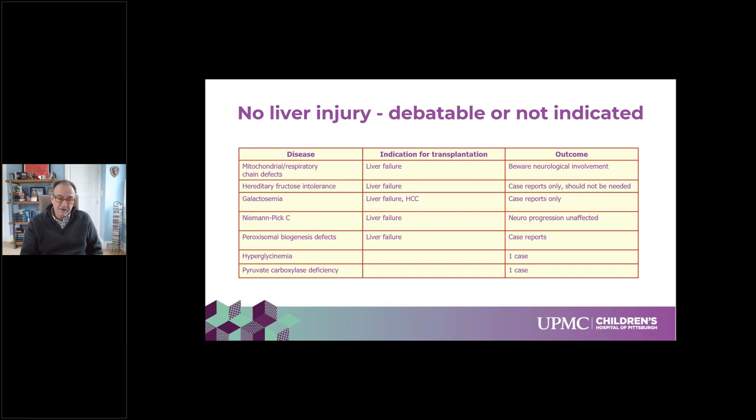There has been a couple of case reports of peroxisomal disorders. One case in Belgium was still doing extremely well 17 years after transplant, but generally for the Zellweger type, transplantation really is not indicated.